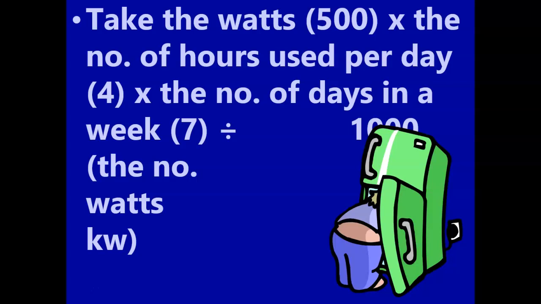So you're going to do 500 times 4. So you've got 2,000. And then times 7. So you're looking at 14,000. Then you're going to have to divide that by 1,000, which again is the number of watts in a kilowatt. And so you are going to get 14 kilowatt hours.